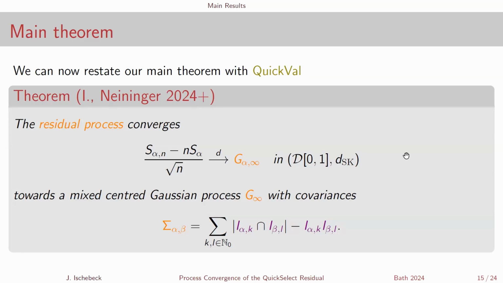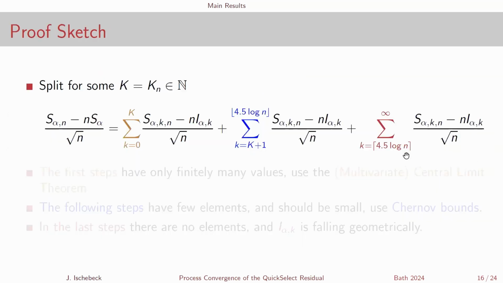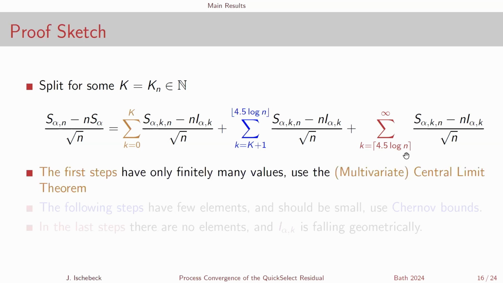And yes, just to give a small intuition of how to prove this, it would be, again, stepwise. We know we can just partition those steps into early steps, middle level steps, and late steps. For the first steps, if we have a fixed k, then we have only chosen 2 to the k different pivots.